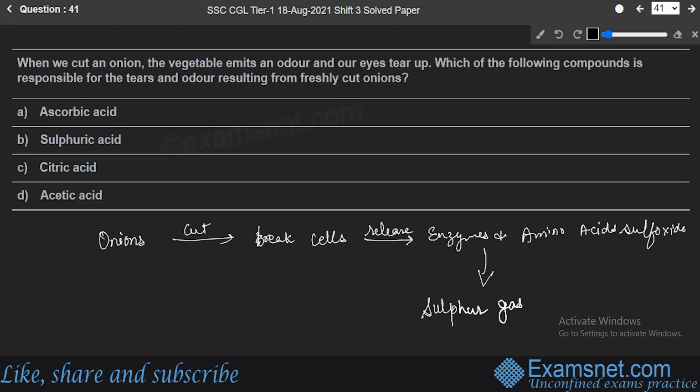This gas released from the onions reacts with the natural water which is present in our eyes to form sulfuric acid, which brings the sensation of tears and has a strong smell. So, option B, sulfuric acid, is the correct answer to our question.